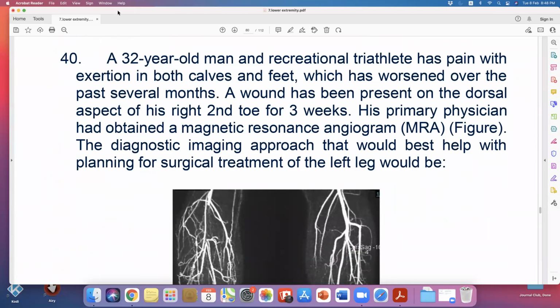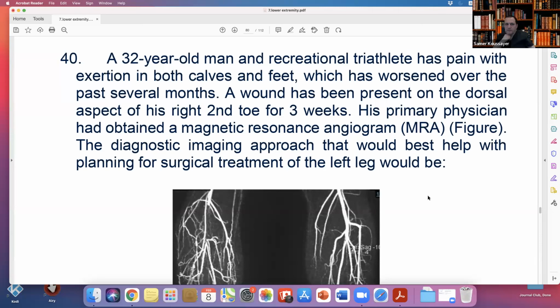A 32-year-old man and recreational triathlete has pain with exertion in both calves and feet, which has worsened over the past several months.